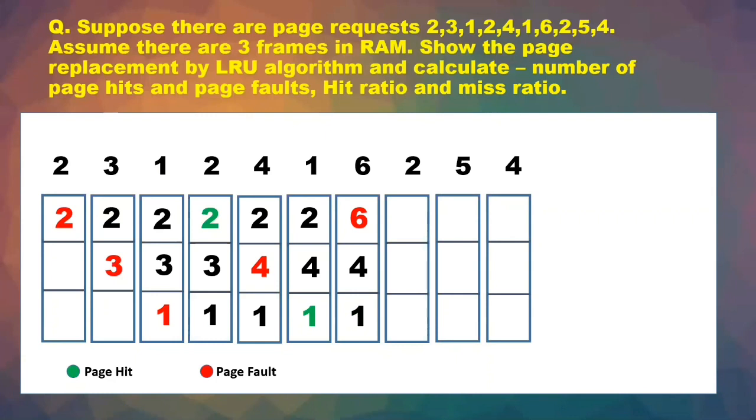Now the page request is 2. 2 is not present inside the RAM, that is a page fault. And between 6, 4 and 1, which is least recently used? That is 4. So we have to replace 4 by 2.